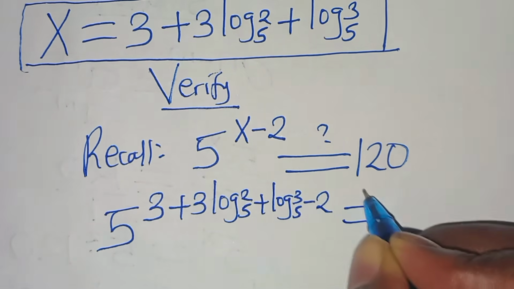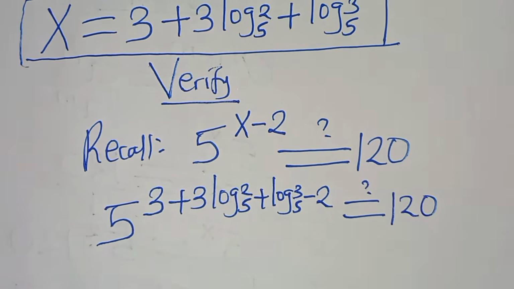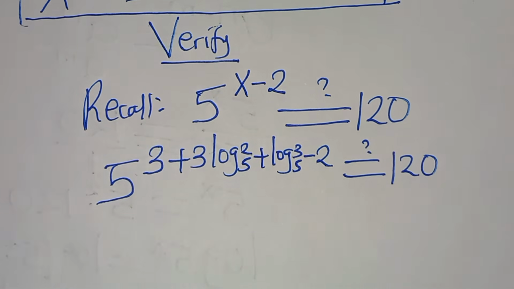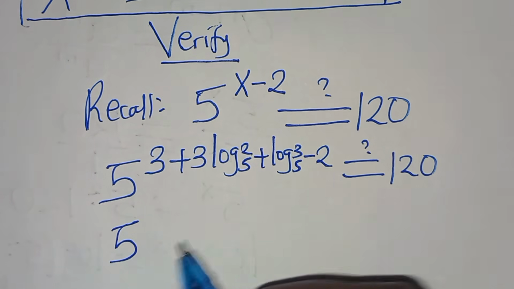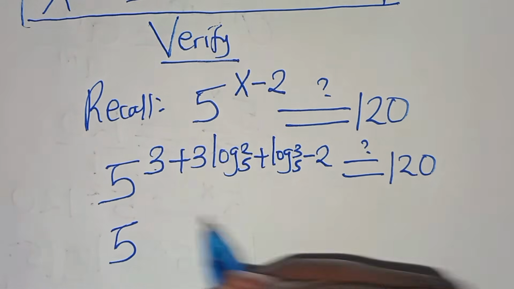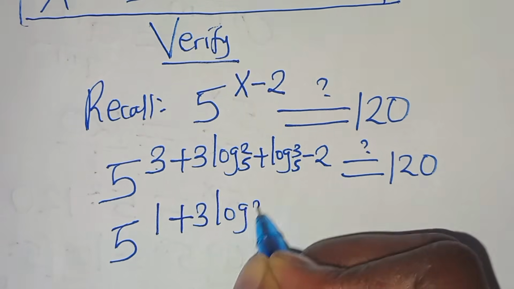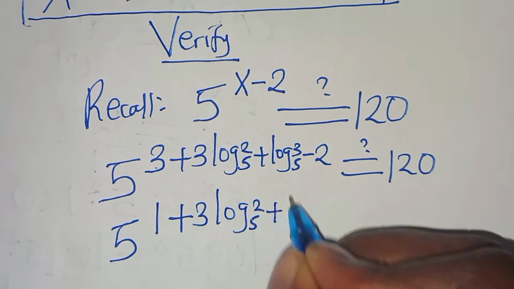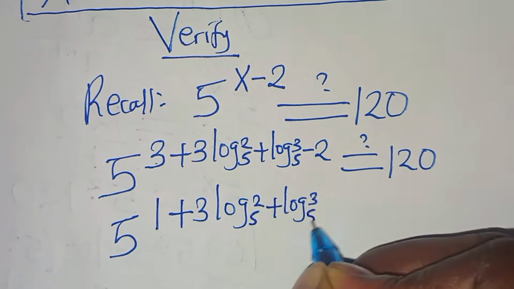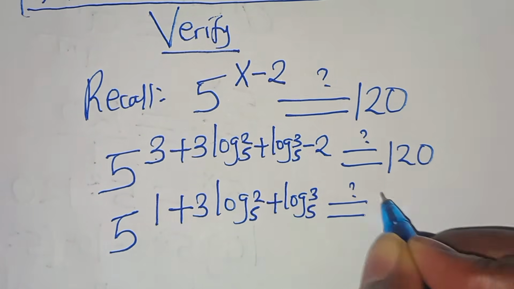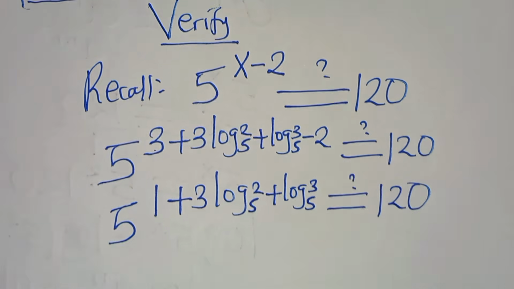This is supposed to give us a value of 120. So we have 5 to the power of 3 minus 2, this is 1. Then plus 3 log 2 to base 5, then plus log 3 to base 5. This is supposed to give us a value of 120.